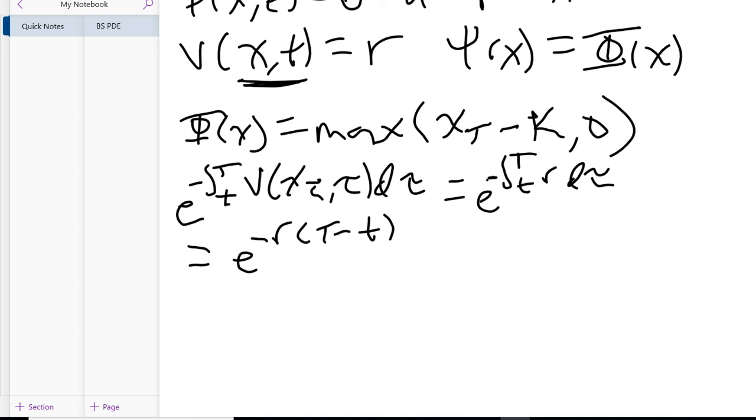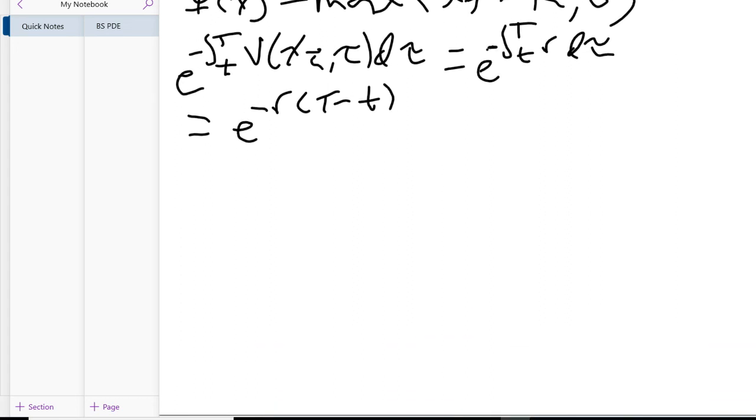So yeah, we see that our Black-Scholes PDE thus is a great candidate for application of the Feynman-Kac theorem. It might be Feynman-Kac or Katz, I don't know how to actually say his name, I'll say Feynman-Kac.